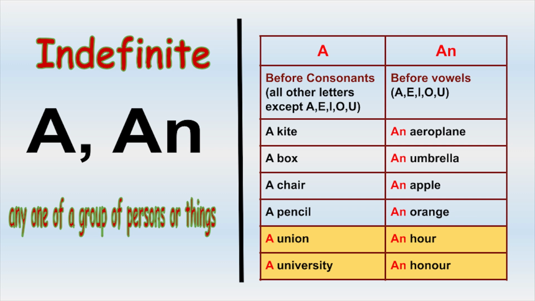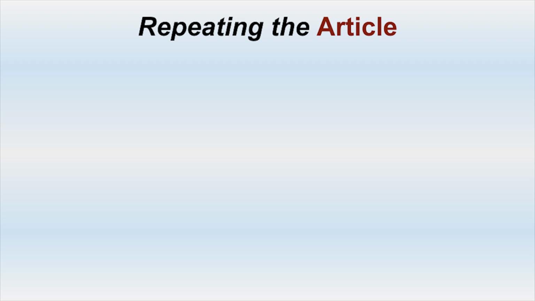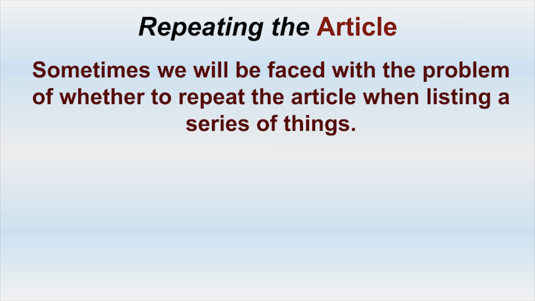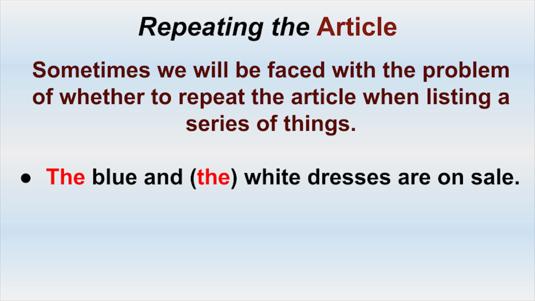Now let's look at what happens when we have to repeat an article in a sentence. Sometimes we will be faced with the problem of whether to repeat the article when listing a series of things. For example, the blue and the white dresses are on sale.